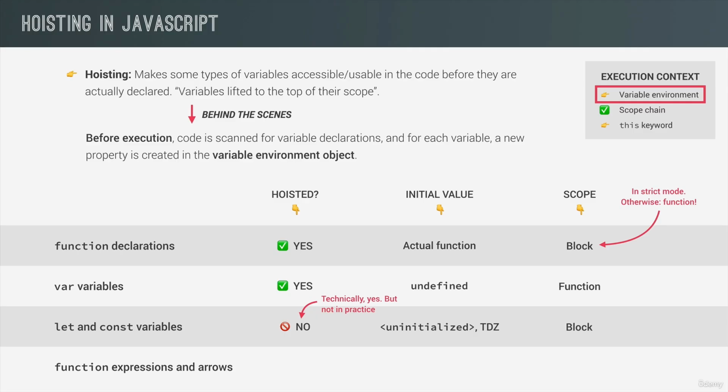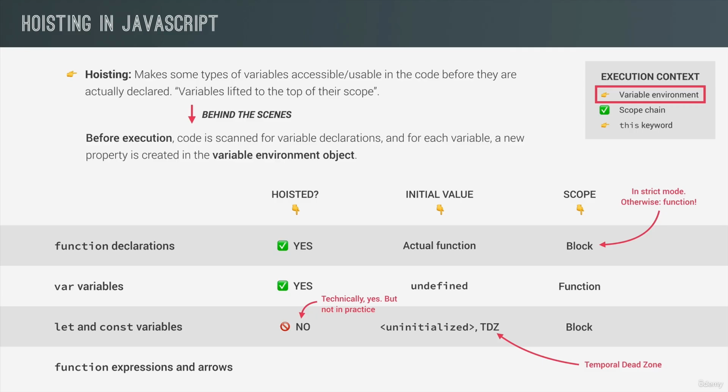Instead, we say that these variables are placed in a so-called temporal dead zone, or TDZ, which makes it so that we can't access the variables between the beginning of the scope and the place where the variables are declared. So as a consequence, if we attempt to use a let or const variable before it's declared, we get an error.